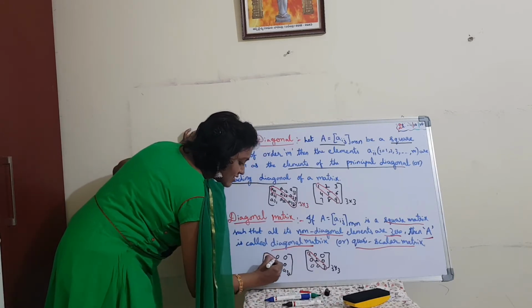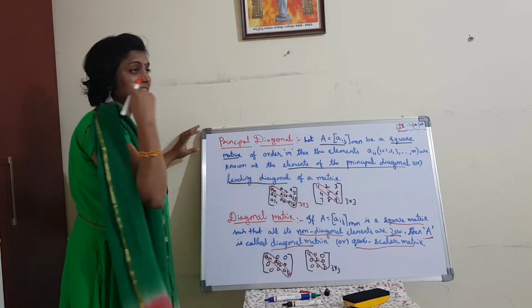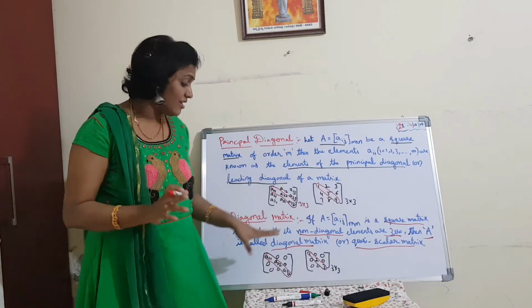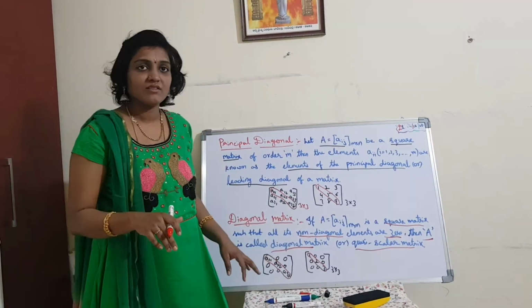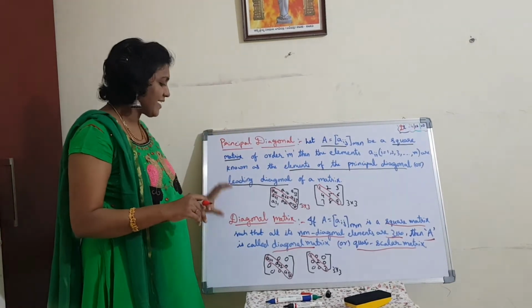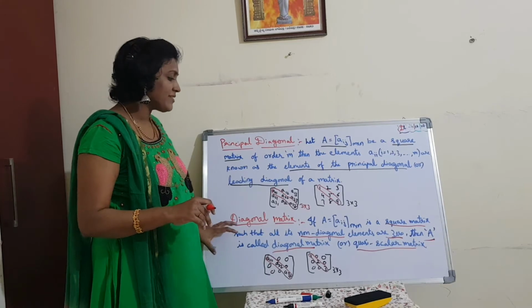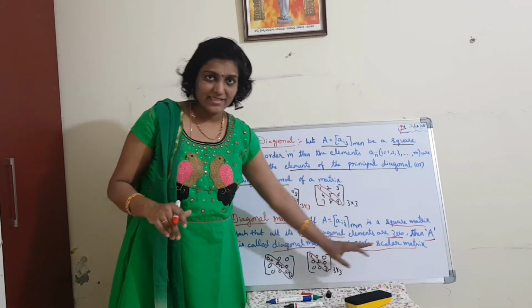Except the diagonal elements, the non-diagonal elements are 0. Then it is called a diagonal matrix. I think you have understood what is a principal diagonal and a diagonal matrix. Diagonal matrix we will also call a quasi-scalar matrix.